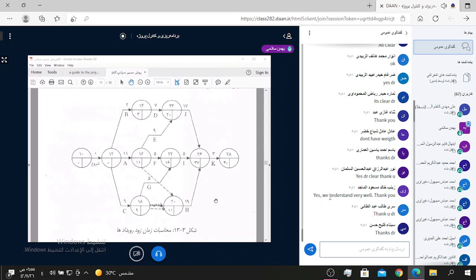And in this network, we have two dummy activities: a dummy activity between node 16 and 20, and another dummy activity between node 18 and 20. Understand?